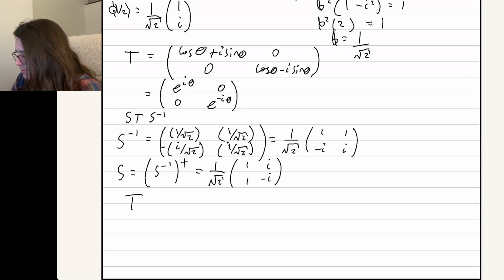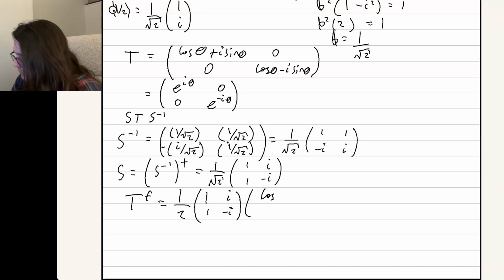We'll find that the rotation matrix in the new basis where it's diagonalized will be given by S T S inverse. So it's an overall factor of 1 half because you're squaring 1 over root 2. S is here, so this is 1, 1, i, minus i. The rotation matrix is here, so cosine theta, sine theta, minus sine theta, cosine theta, and then S inverse is here, so 1, minus i, 1, i.